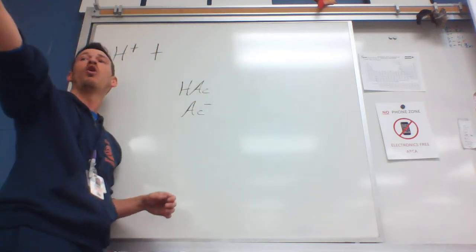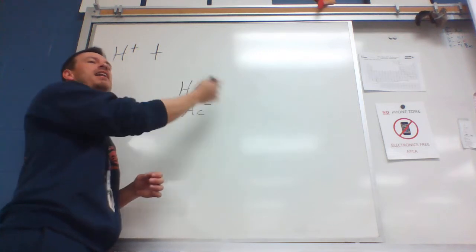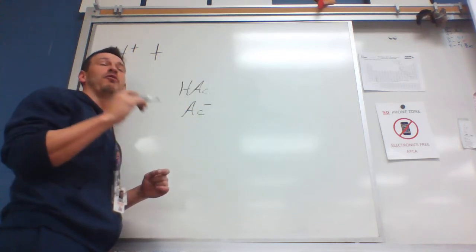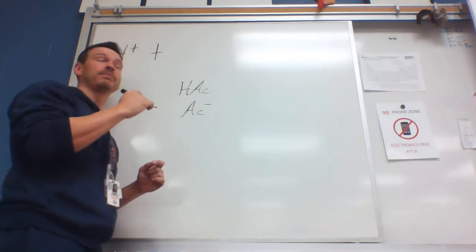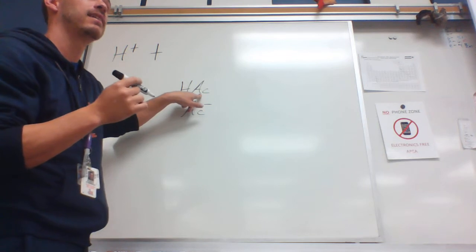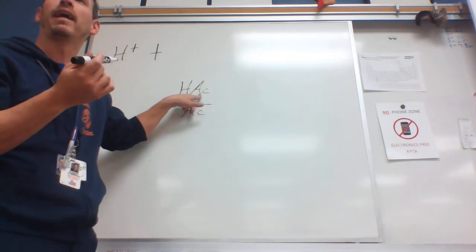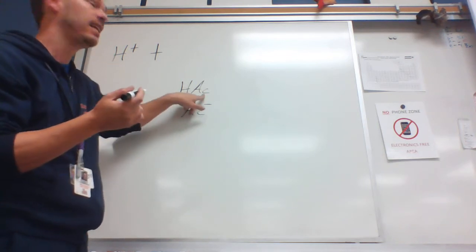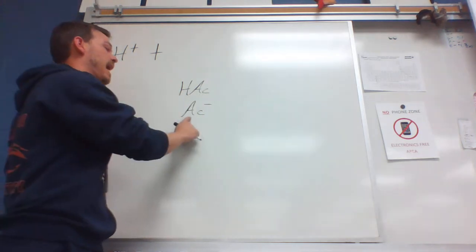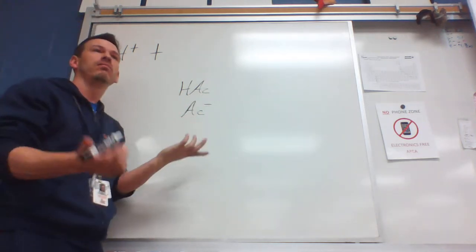Now, in the margin of your notes, I need you to familiarize yourself with these abbreviations. This is not actinium, all right? This is an abbreviation for acetate. It's a shorthand. So this is HAc, which is acetic acid, acetate with a hydrogen in front of it. And this is Ac minus, acetate, just floating around.